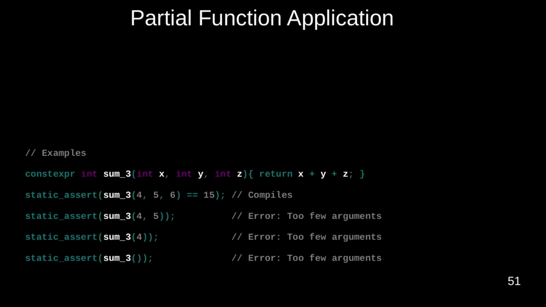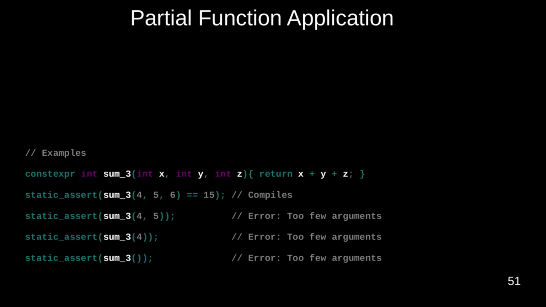So what would happen is you get back essentially a lambda that has captured a pointer to the original function and those arguments that you passed it. And it will take as many arguments as you didn't pass. So when you pass that with the remaining arguments, it ends up calling the original function, passing in first the captured arguments and then the rest.